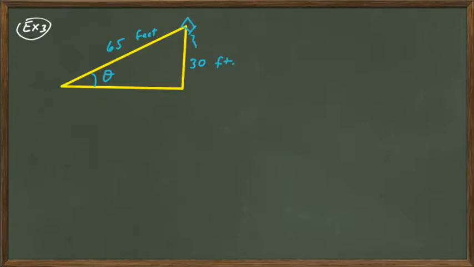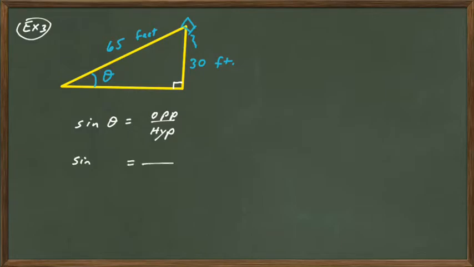Here we're trying to find an angle of a right triangle. Let me mark the right angle. So apparently that's opposite and hypotenuse. What trig is opposite and hypotenuse? Opposite and hypotenuse, I think, is sine. Sine, SOHCAHTOA, opposite over hypotenuse.